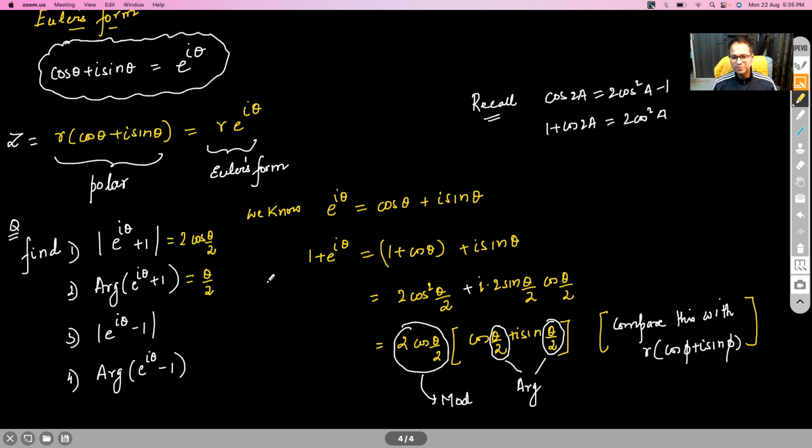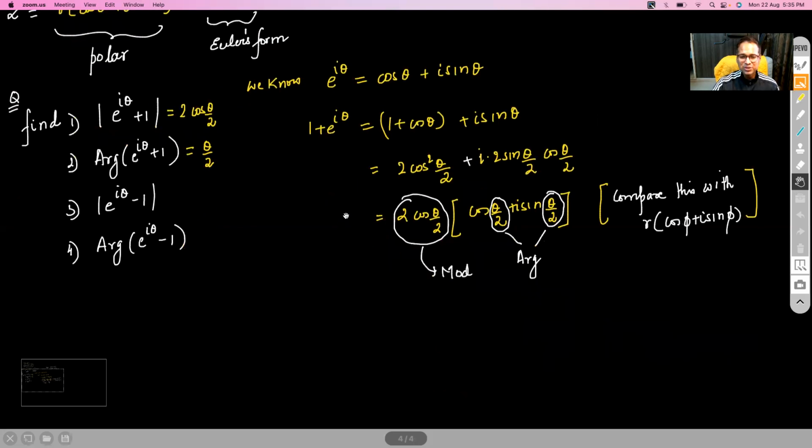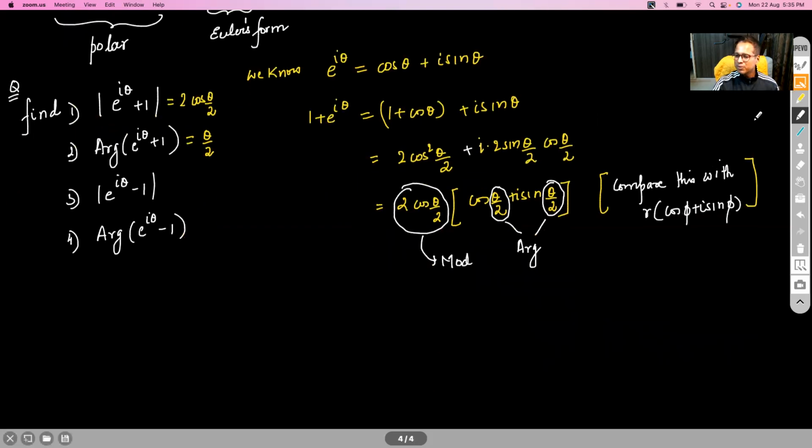Clear? Any questions? Now, does this give you a hint how to proceed with the third and the fourth part? So I would request you guys to give it a try because it gives me more happiness when it comes from your side. When you solve it, I feel my hard work has paid off.